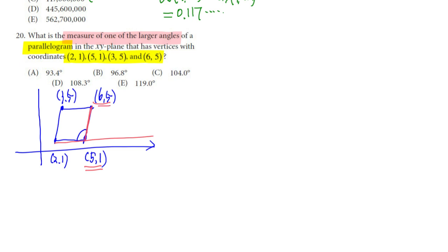By definition, slope is a change in y divided by change in x, right? So 5 minus 1 over 6 minus 5, which is 4. Wow, slope is 4. Now if we say this one is theta, please note that slope will be defined by tangent theta, right? Because tangent is y over x.